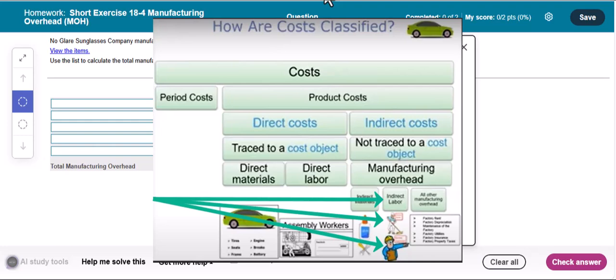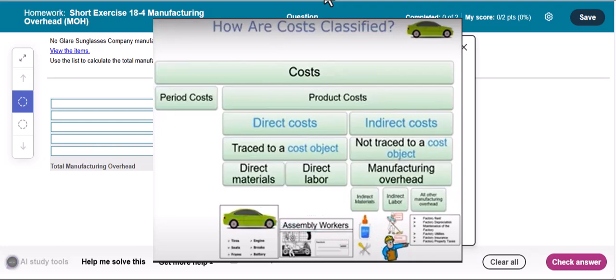These two people help make the cars, but you can't say how much the janitor helped make this certain car versus a red car, etc. Other types of manufacturing overhead costs include factory rent, factory depreciation, maintenance on the factory, and factory utilities. Basically, all the expenses that go into making the car that cannot be tied directly to that specific car. And that makes sense.